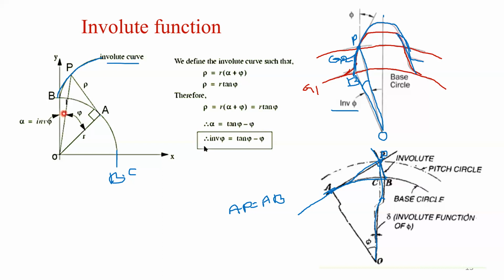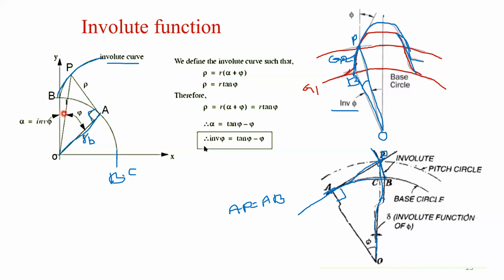Let this be point O. If you draw a line to the base circle, that represents the radius of the base circle. If you draw a line perpendicular to this OA, here we have the 90 degrees.